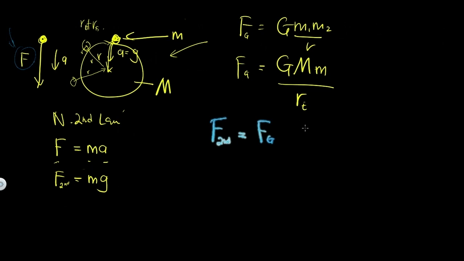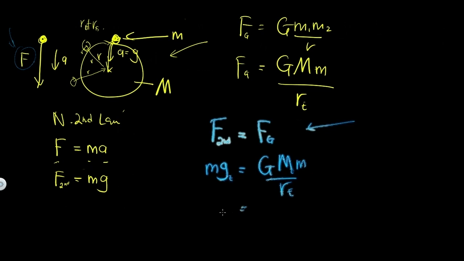So we can equate these two equations and substitute the terms that we have here. Newton's second law gives mg, while Newton's universal law gives G M over RE squared. This is for Earth, and of course M here is M Earth, and g here is g Earth.